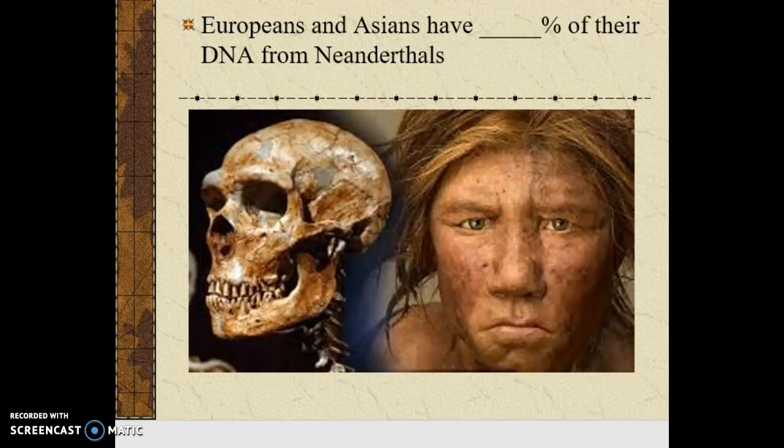Now, individuals from an African heritage did not encounter Neanderthals. Different geographical regions. Neanderthals were never found in Africa. They're found in Europe. They're found in Central Asia. That's why modern humans have some Neanderthal heritage if you have European or Asian ancestral history or heritage.